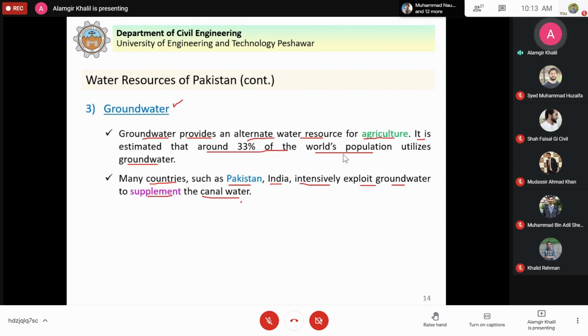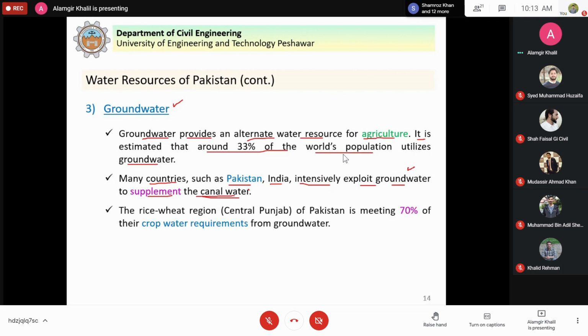The alternative can be either to have already stored the water in the dams and supply the water from there, or you can pump the groundwater to supplement the canal water to meet the demands. The rice-wheat region, central Punjab of Pakistan, is meeting 70% of its crop water requirements from groundwater.